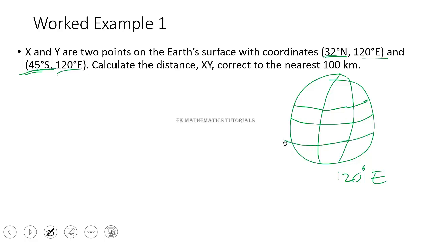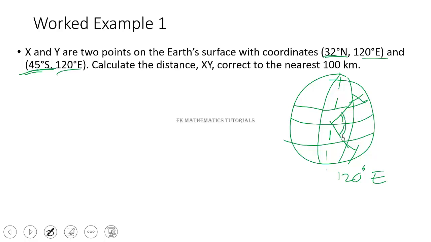So point X is here, and point Y is here. We want to find this length of arc. This angle here is 32 degrees, and this one is 45 degrees. To find the whole angle, we need to add.